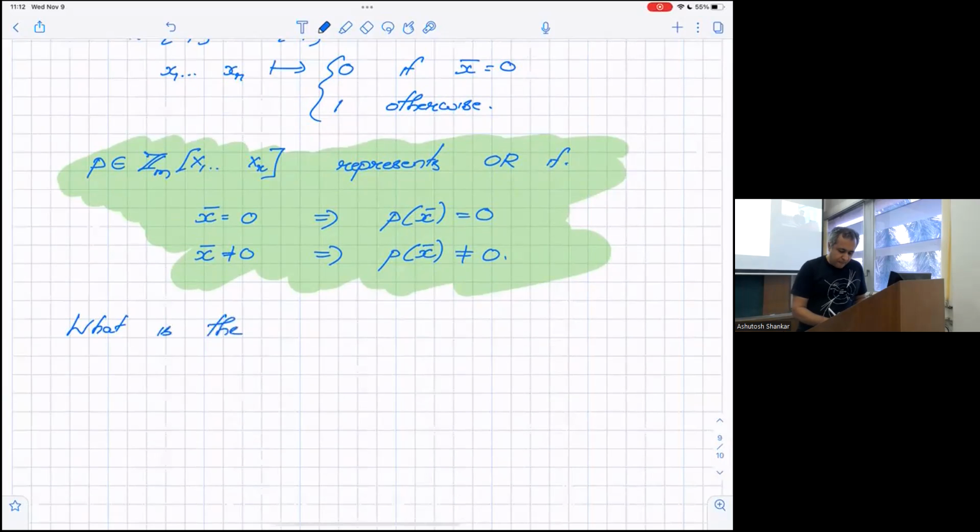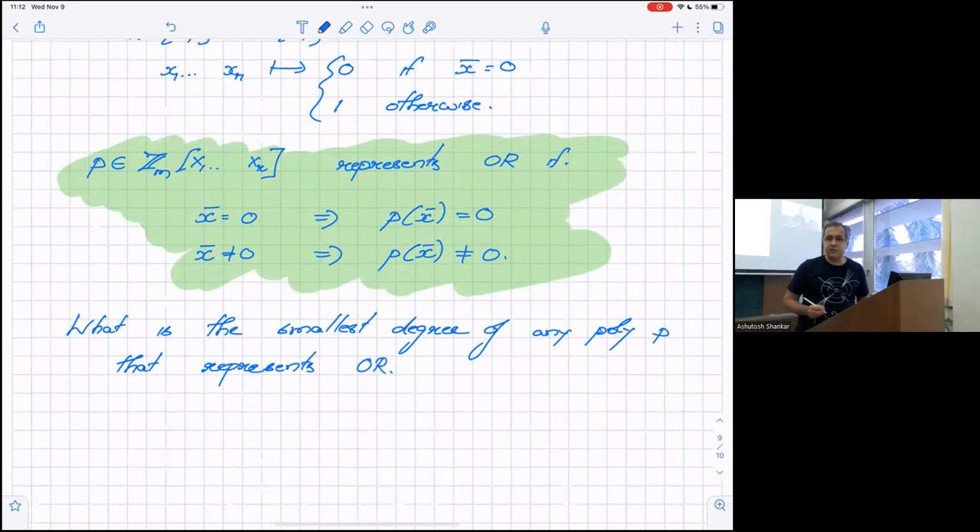smallest degree of any polynomial P that represents OR in the following sense.